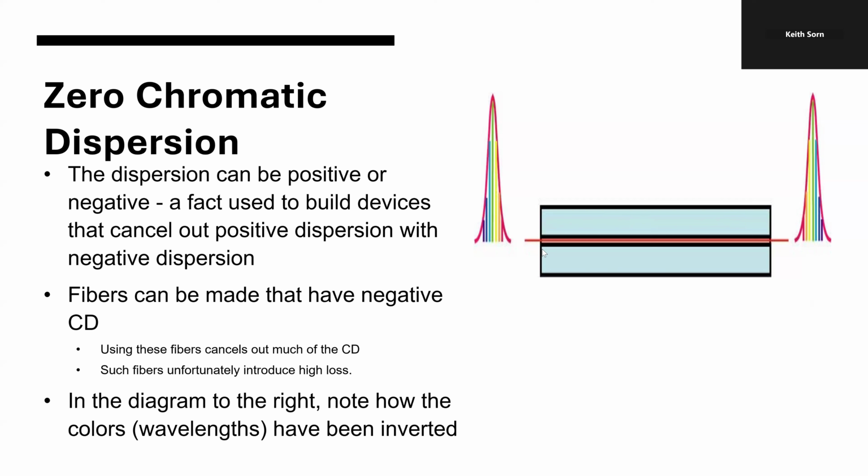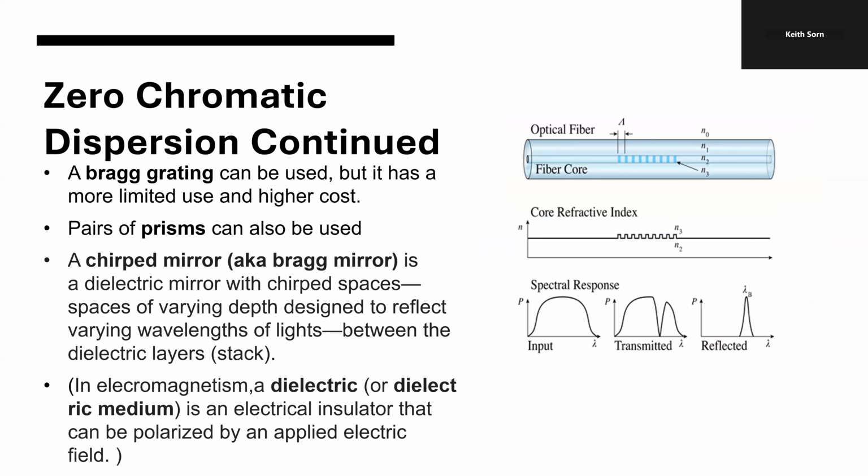Okay, this sounds like a really great idea, but the problem is these zero chromatic dispersion fibers are high cost and have much higher loss. There are other elements that we can use to get zero chromatic dispersion, or get the negative so we can have a net zero.